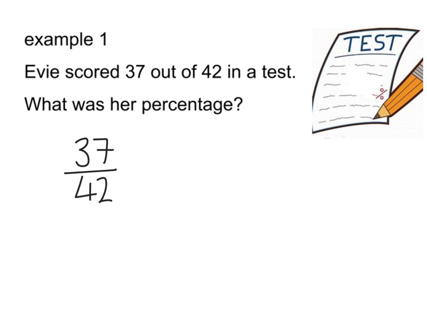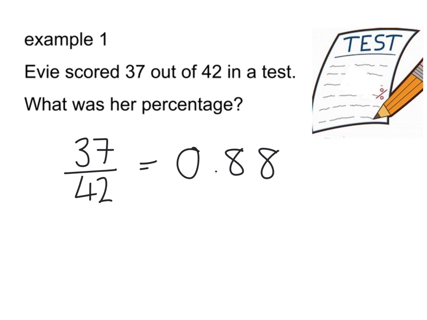Now, if you do that on your calculator, 37 divided by 42, I'm just typing it in, it gives you this big long number, 0.880952, and so on. If you already know how to turn decimals back to percentages, we just need to times this by 100.